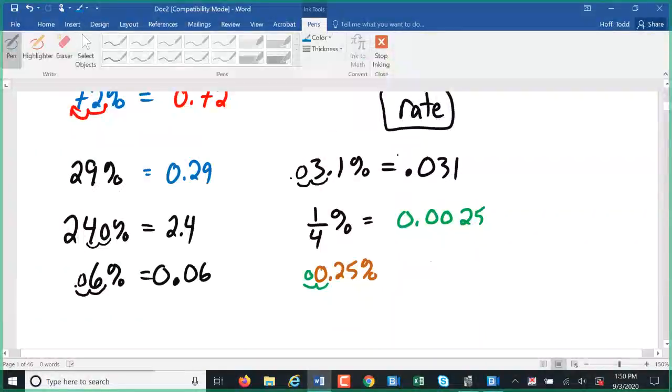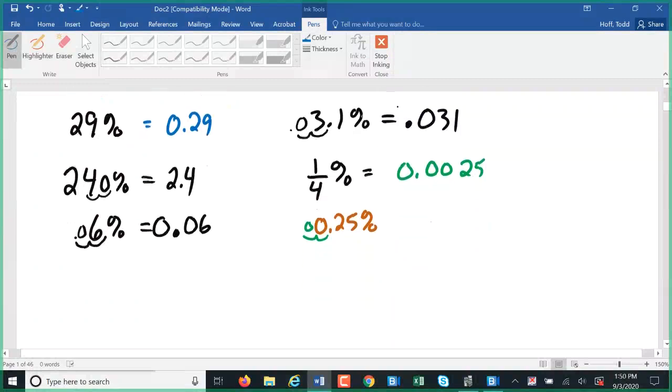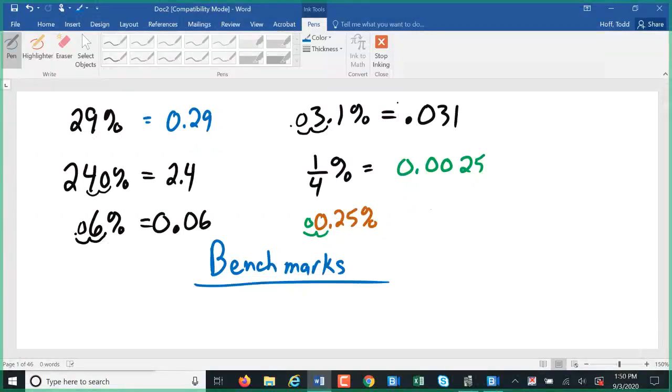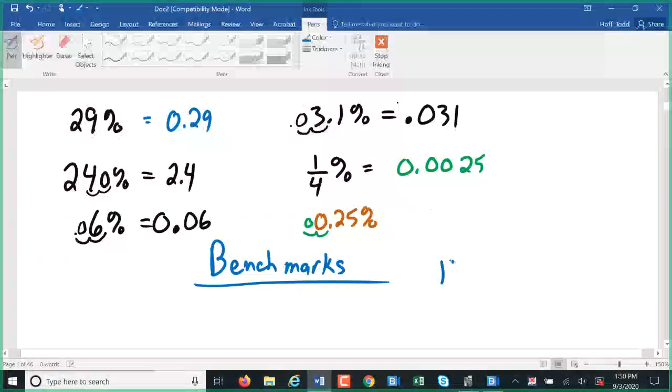One thing I'm going to talk about more later in class is something called benchmarks. And benchmarks are like your estimating that we talked about when we were using the calculator to add, subtract, multiply, or divide. For a benchmark, one of the common benchmarks is 1%. And as a decimal, we know 1% is 0.01.